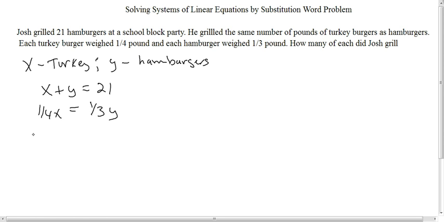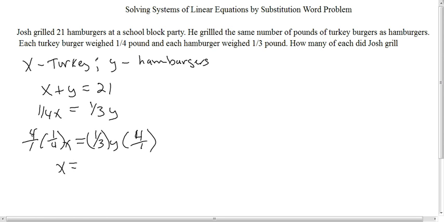So we'll be multiplying by 4/1 on both sides. 4 times 1/4 X is 1X, and that's where we get X is equal to 4/3 Y.